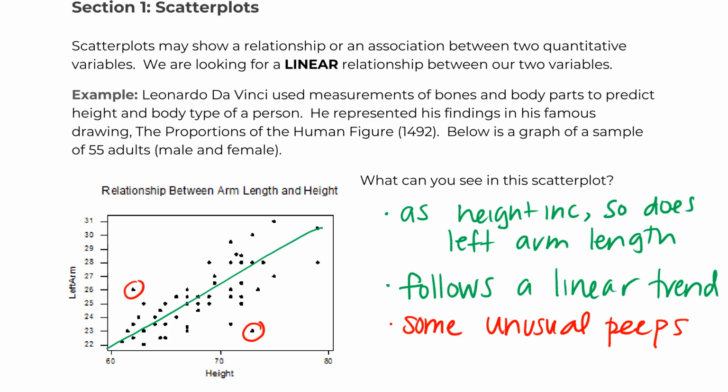This person has very average height, but when you look at their height and left arm combined, they're really far off of this trend around this line that we have. In fact, they are very tall and have very short arms. This is a T-Rex person, right? And when you talk about unusual observations in a scatter plot, you do want to say where they are.